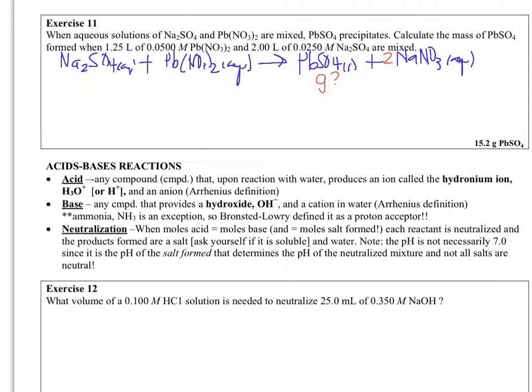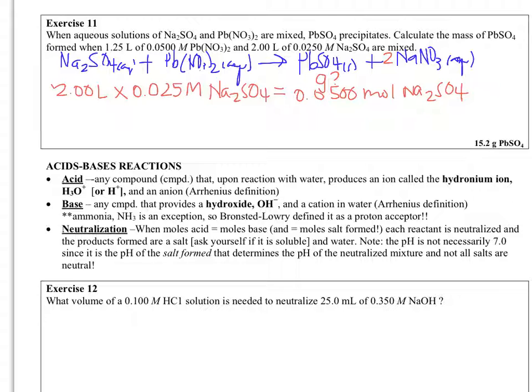So let's multiply our volume times concentration of each one of our reactants to determine the total number of moles. If we start with that sodium sulfate and we take the 2 liters and multiply it by its concentration of 0.025 molar, you should get a total of 0.05 moles of sodium sulfate.